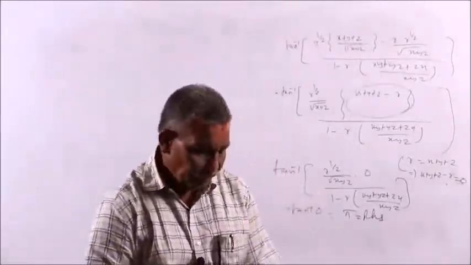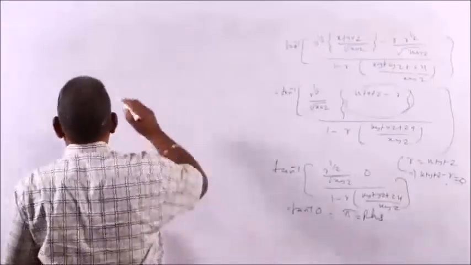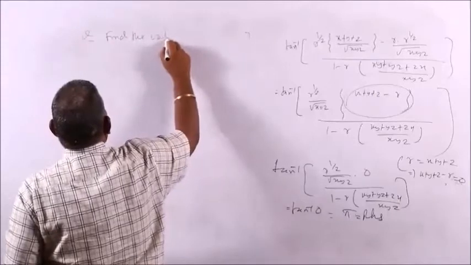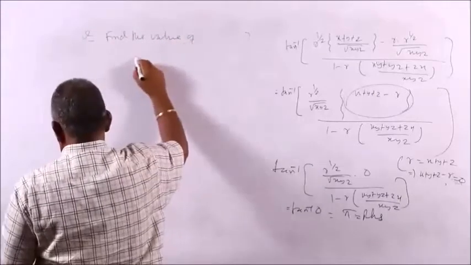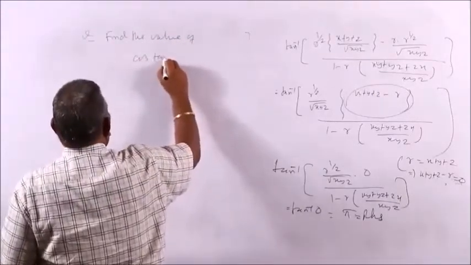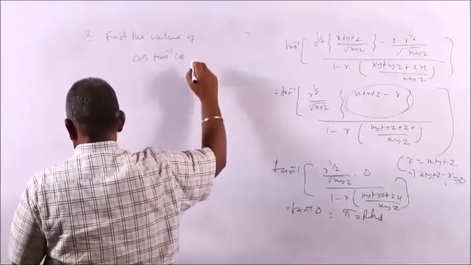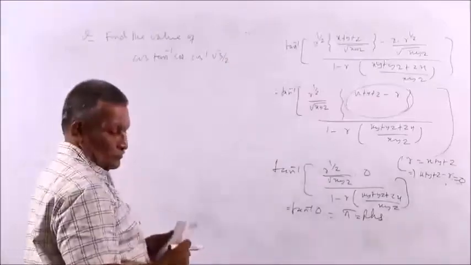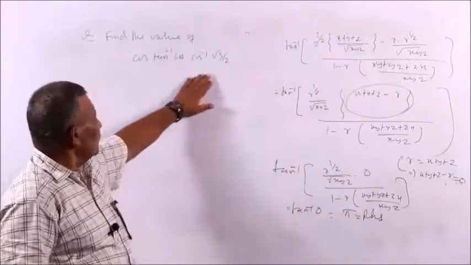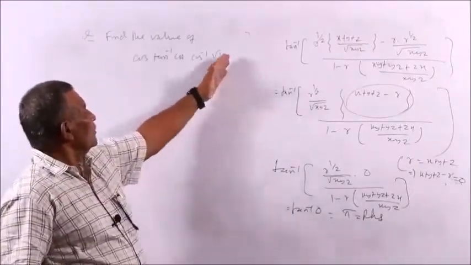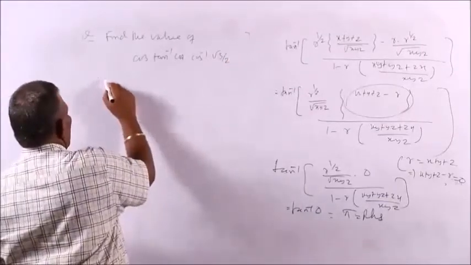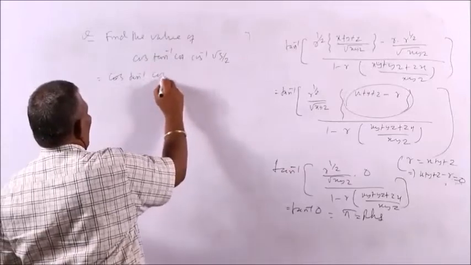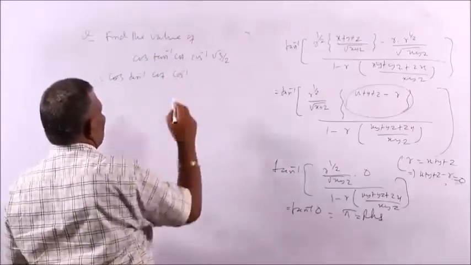Next problem, find the value of cos tan inverse cot cos inverse root 3 by 2. So for these type of problems, we will always start from the right hand side, that is cos tan inverse cot cos inverse.